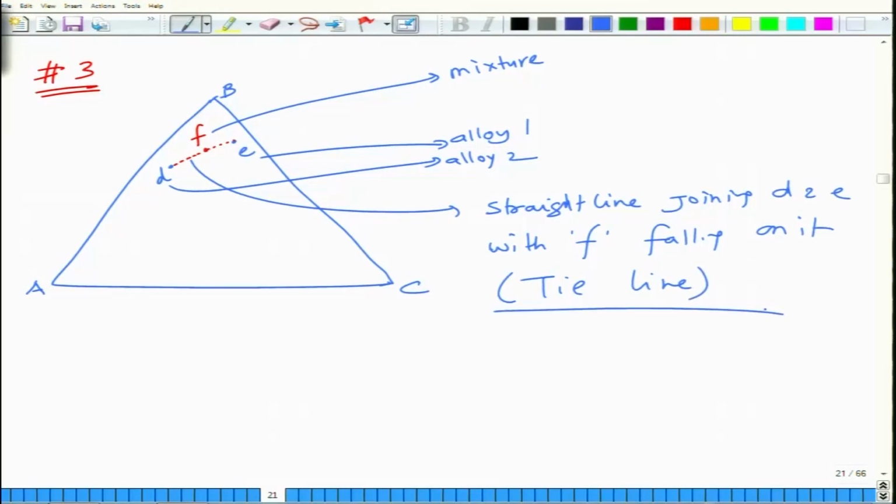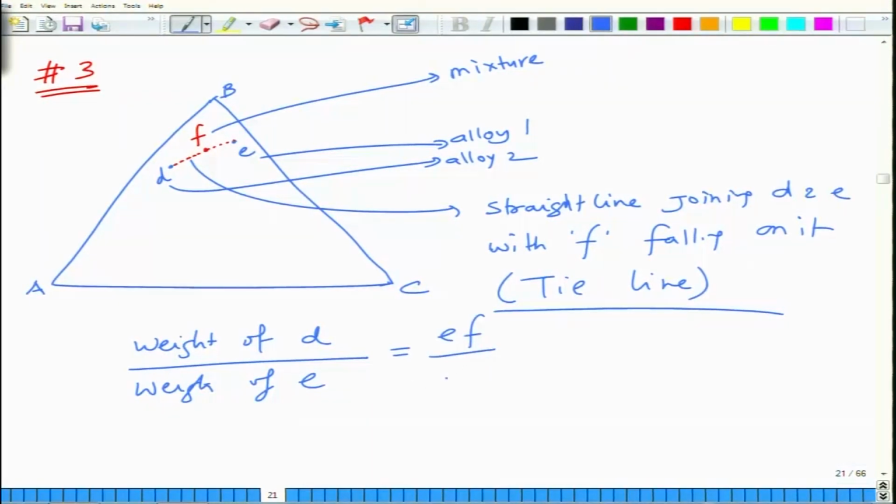And accordingly the weight of D divided by the weight of E is given as: weight of D is given as EF and weight of E is given as DF.